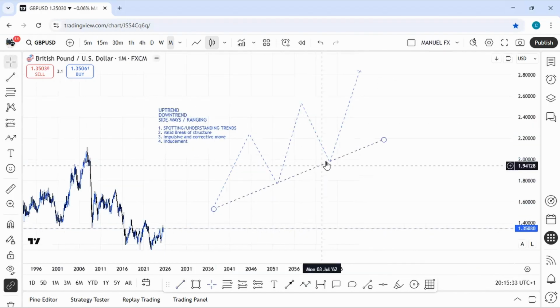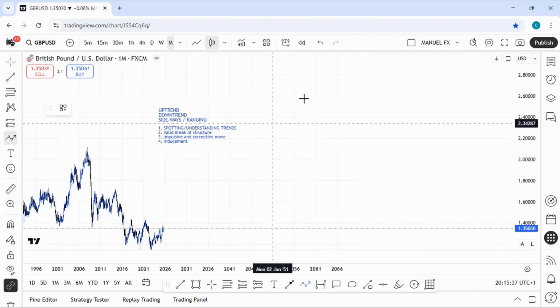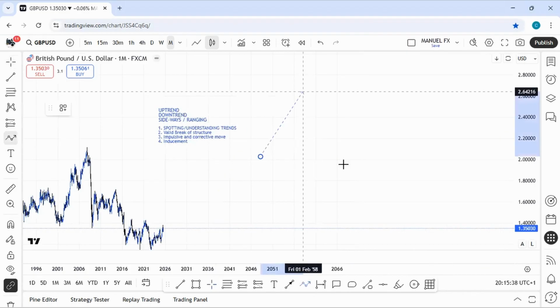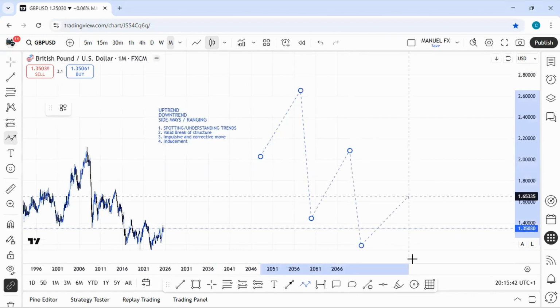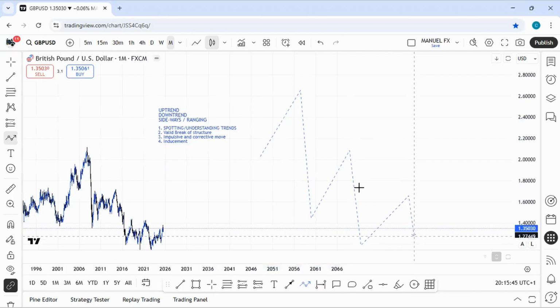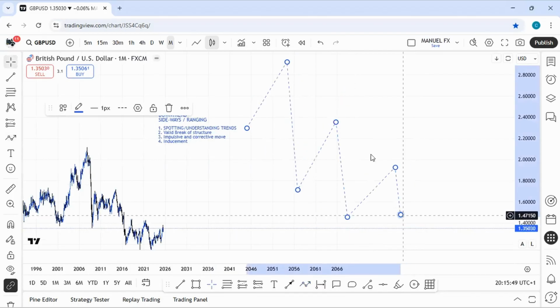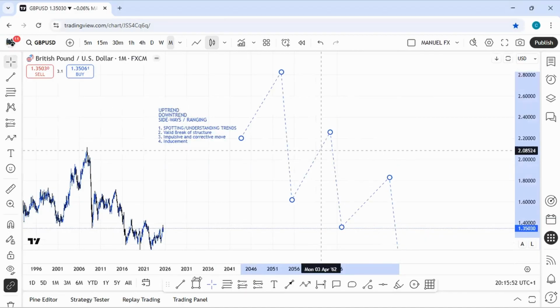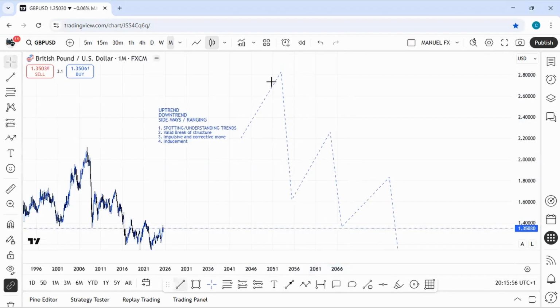And if you keep seeing something like this, it shows that the market is on a downtrend. The market is on a down move. You understand what a down move is.